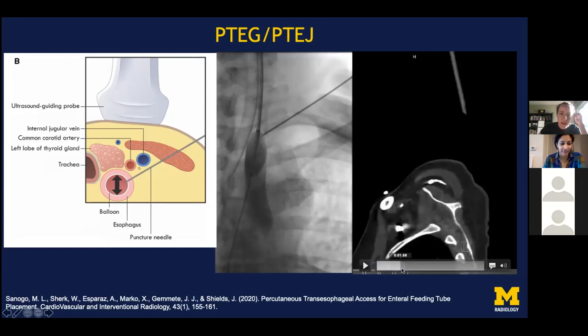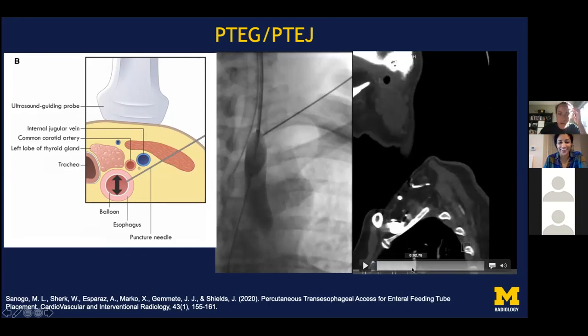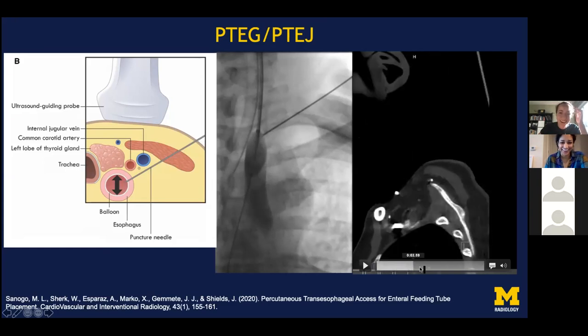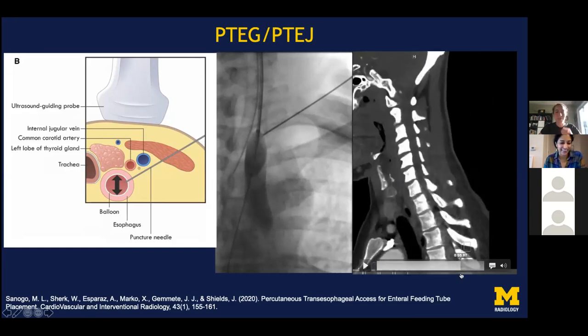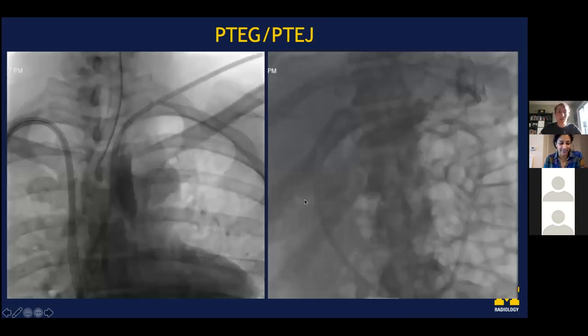I think ideally they avoid that because I don't think we would want to put that tube there. But yeah. So then these are both final fluoroscopic images of the tube, and it's just something that you should be aware of. I know it's not super common, but if you do end up seeing a random tube that's going from the neck down into the stomach, that's probably what this is.